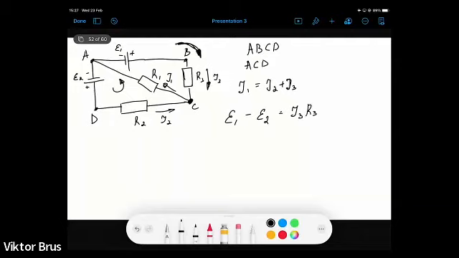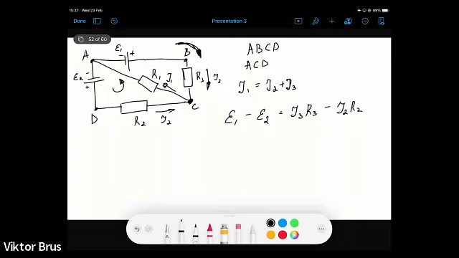And the current through resistor R2 goes in the opposite direction to the path of the loop, so we take it with a minus sign: I2 times R2. So that is the equation for loop ABCD.